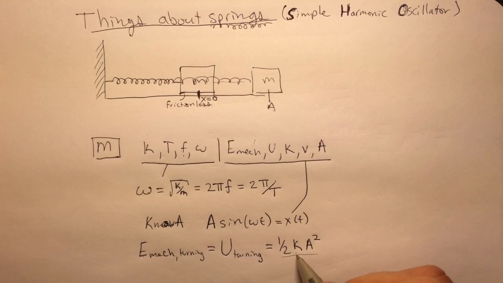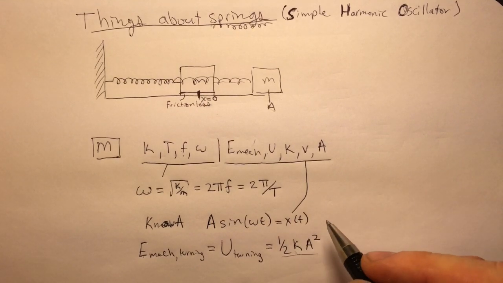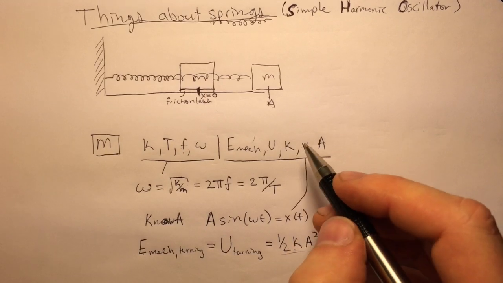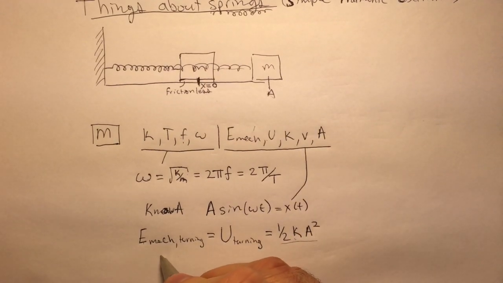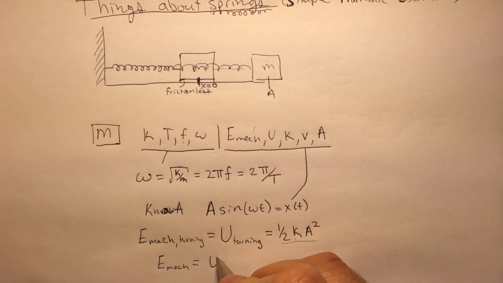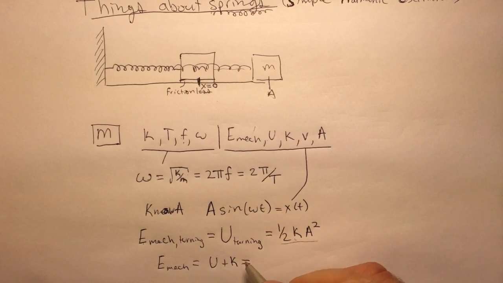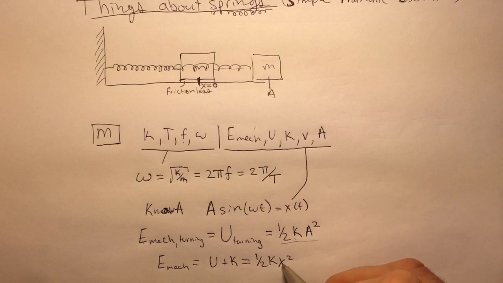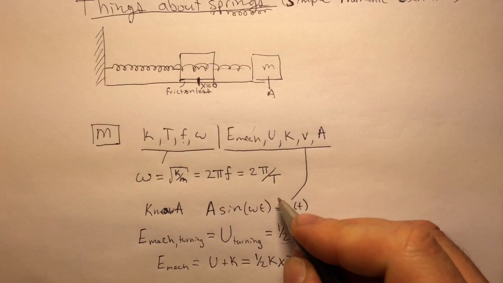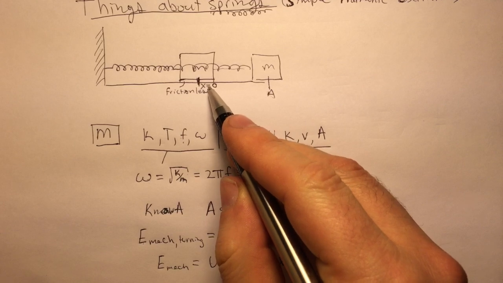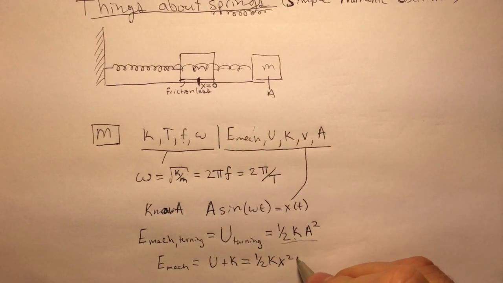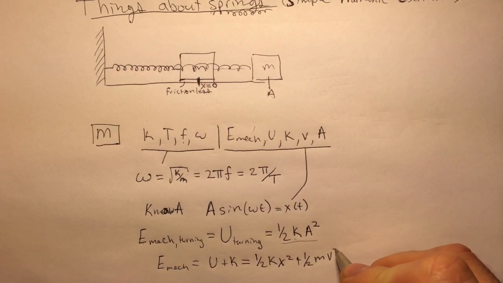Okay, so how do we figure out, say, the kinetic energy at some other point? Well, now you know E mechanical, which is equal to U plus K. You know expressions for both of these. This is equal to 1/2 k x squared, where x is how far away you are from x equals 0, plus the kinetic energy, as always, 1/2 m v squared.